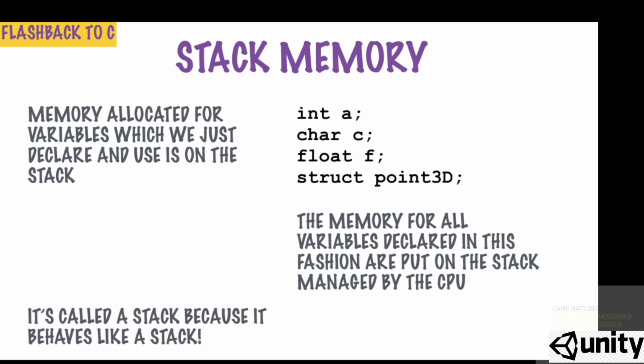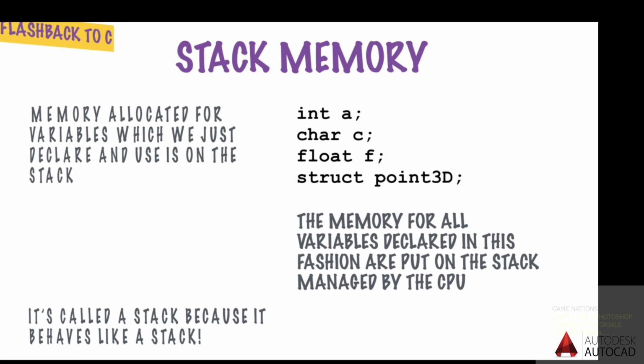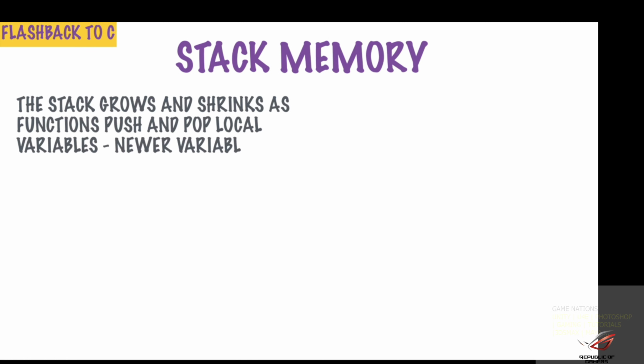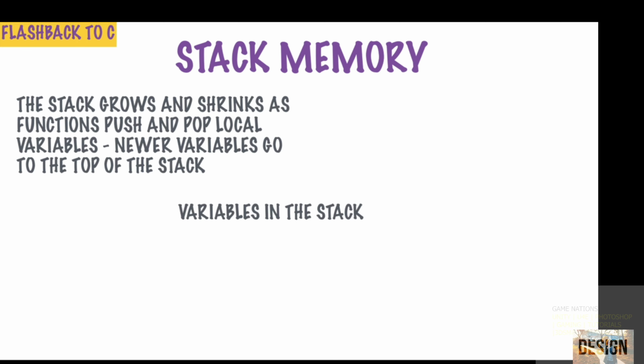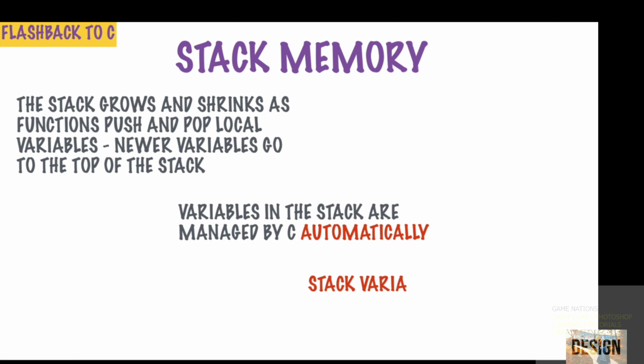They are put on the stack by the CPU, and the CPU takes care of removing it from the stack as well. The reason it's called stack memory is because it behaves like a stack. As you declare variables, the memory for those variables are pushed onto this stack-like structure, and newer variables are put on top.